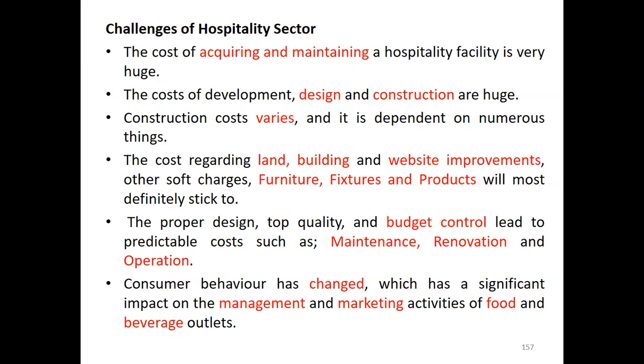The rest of the other services' costs will also come with this particular sector. Then proper design, top quality and budget control lead to predictable costs such as maintenance, renovation and operation.